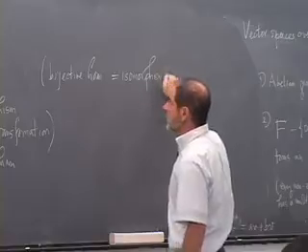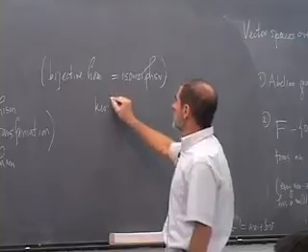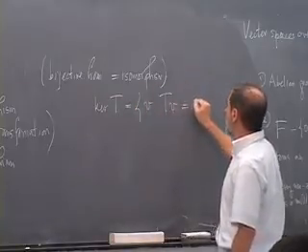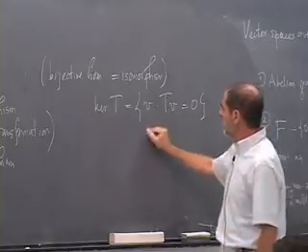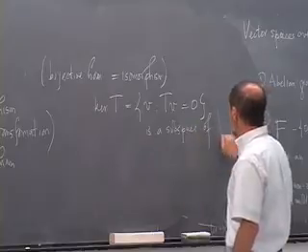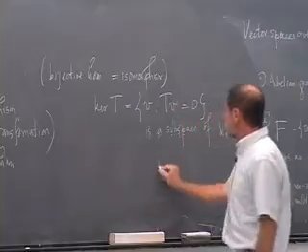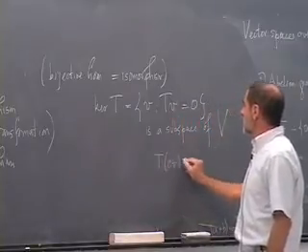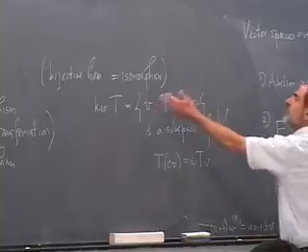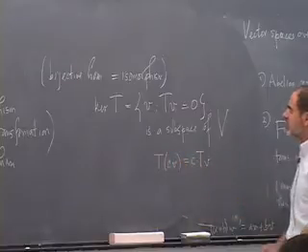Moreover, we find that the kernel of T, which is the subgroup of vectors such that T of v is equal to 0, is a subspace of V. That's because if you take T of cv, it's c times T of v, and we know it's a subgroup because of group theory, but we have to check it's stable under scalar multiplication.